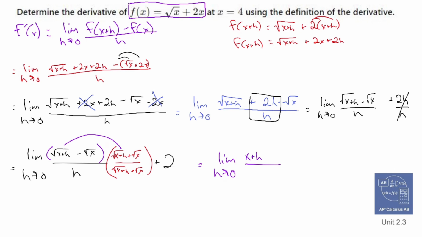Then you multiply the other terms together. This times that minus that times this means you're multiplying the same exact things together, and then they disappear. That's the point of this. The middle terms disappear. If you're FOILing this out, the O and the I go away. They cancel each other out. And then you have minus root x times positive root x, which is just minus x, all over h.